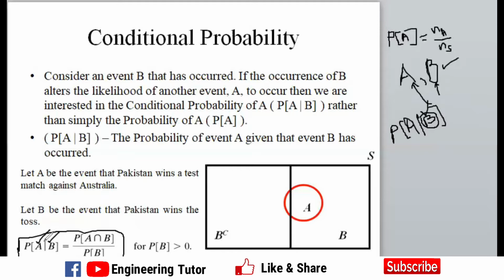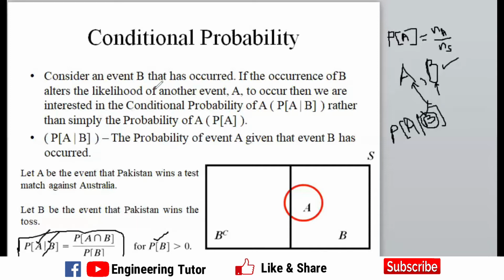This slash sign is the indication of "such that". So this is equal to the joint probability of A and B divided by the probability of the event which has already occurred, and the condition is that the probability of B should be greater than 0. If the probability of B is equal to 0, then anything divided by 0 will be infinity, and you will not be able to find this probability.